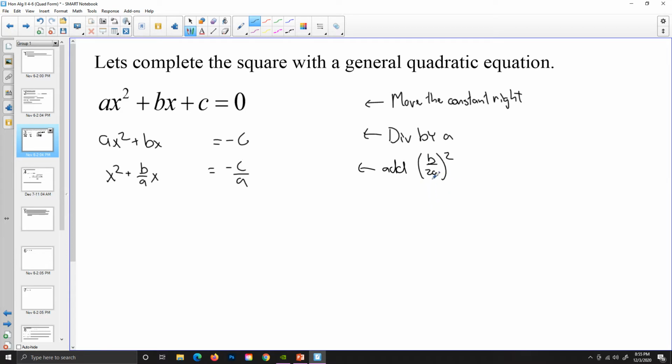That's me dividing b over a by 2 and adding it to both sides. All right, so I have x squared plus b over a x plus b over 2a quantity squared, and I have to do that to both sides.